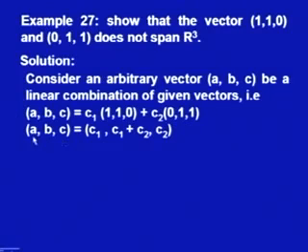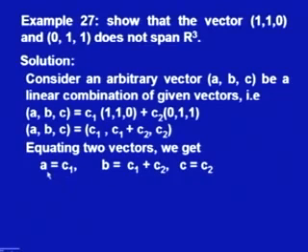Simplify it: (a, b, c) is equal to (c1, c1 plus c2, c2). This means a is equal to c1, b is equal to c1 plus c2 and c is equal to c2, and simplifying this we get b is equal to a plus c.